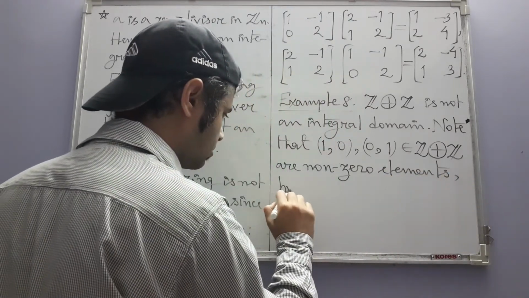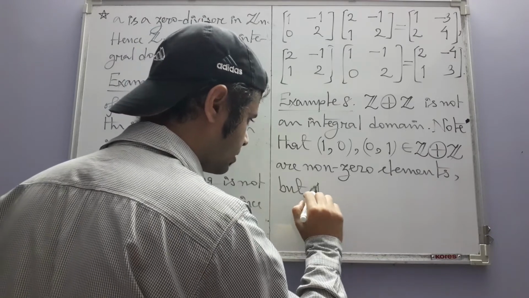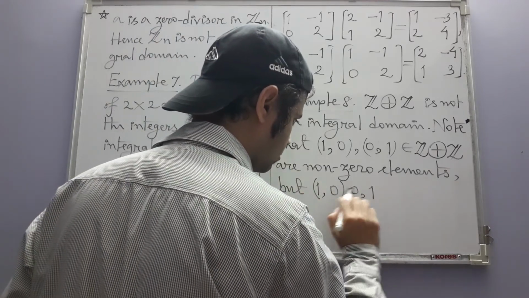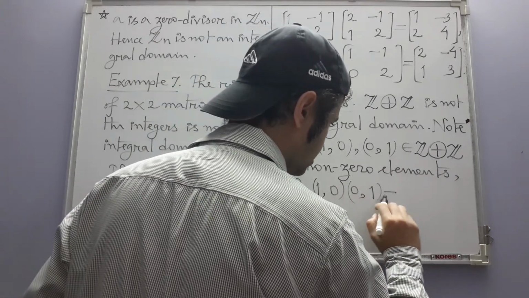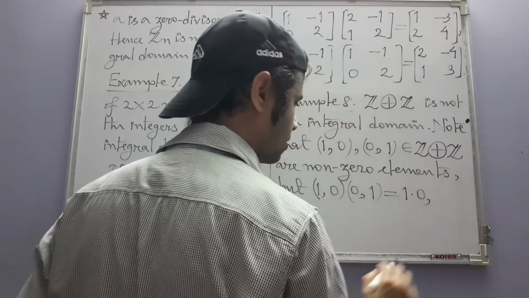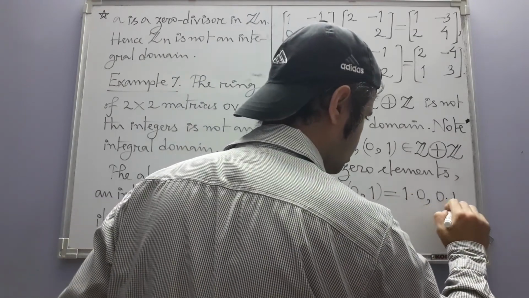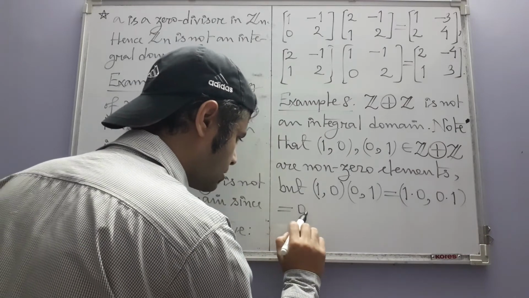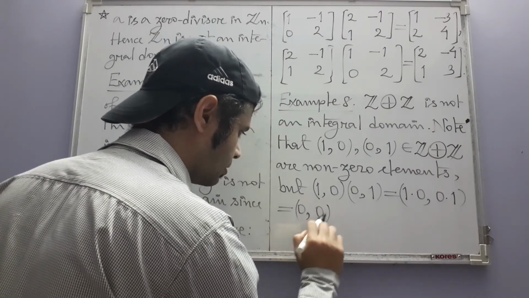But if you take their product, then because multiplication is done component wise, we multiply the first coordinates and we also multiply the second coordinates, and that gives us the zero element.